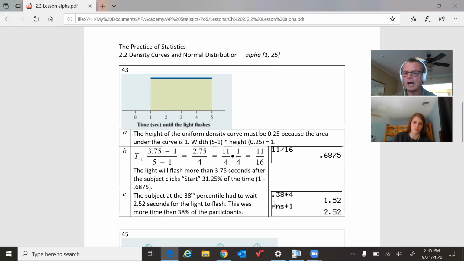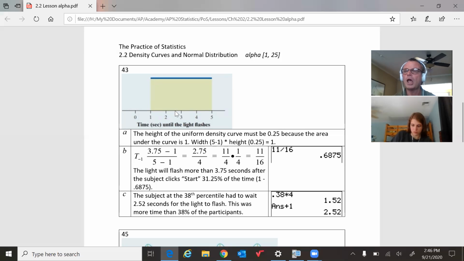So what did I do? I said 38th percentile times 4. Why 4? Because that's the width of this box. 38% times 4 takes you to 1.52. But since you started at 1, not at 0, do the shift, and that takes you to 2.52, and that would capture 38% of the area of the curve to the left of 2.52.